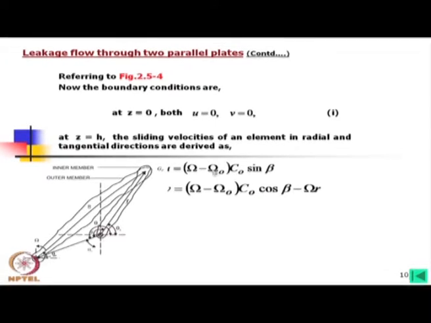So, u is equal to omega minus omega 0 into c 0 sin beta, and v is equal to omega minus omega 0 into c 0 cos beta minus omega r.